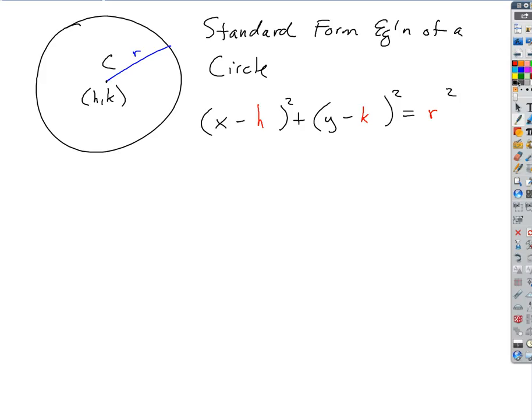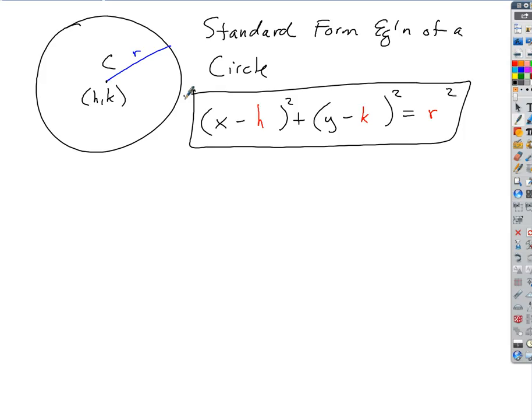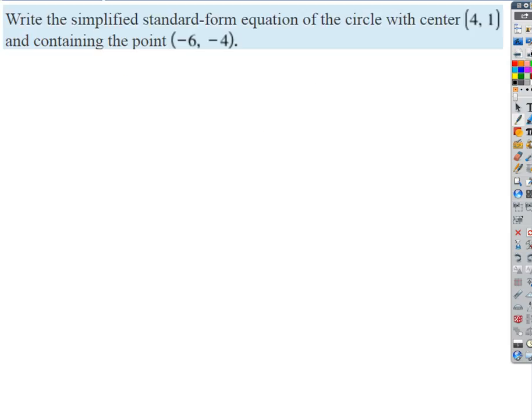We can do lots of things with that. So let's look at a couple examples. What if they're telling us, for example, we've got this circle with a center at this point, and it contains some other point with coordinates -6, -4. My goal is to write this in standard form.